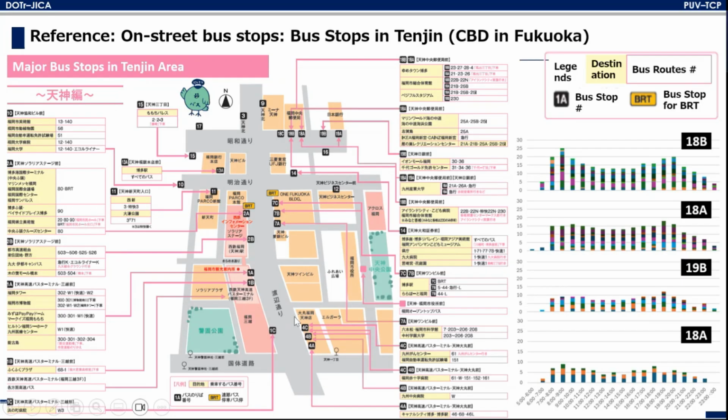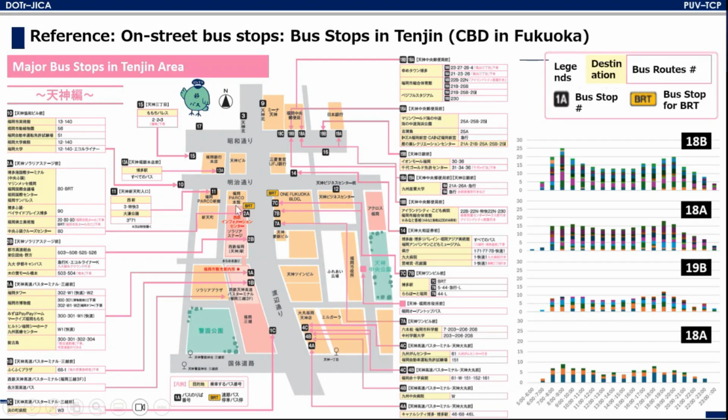Around the CBD area, many bus stops are clustered, such as 1C, 4C, 4B, and 4S, and according to the destinations and directions, the bus stops are distributed.